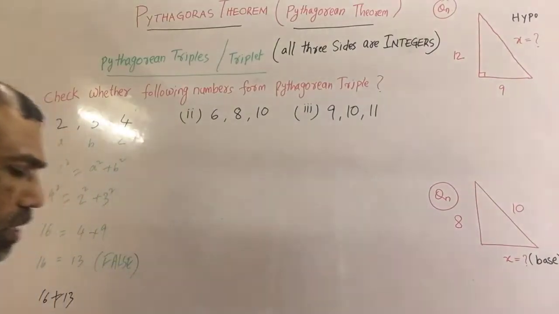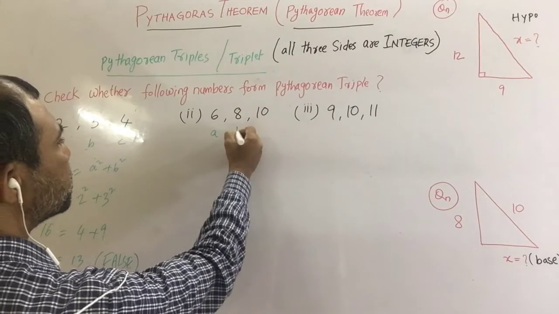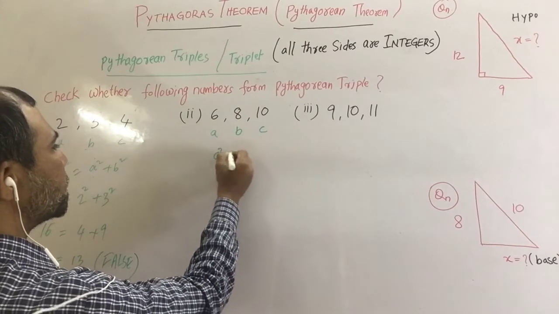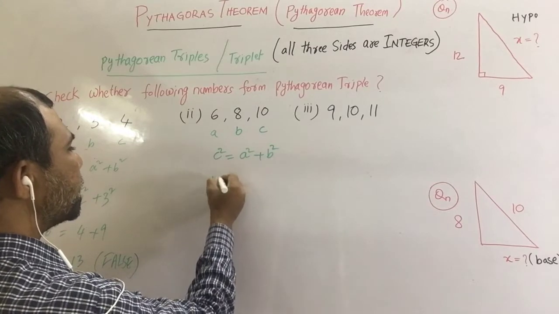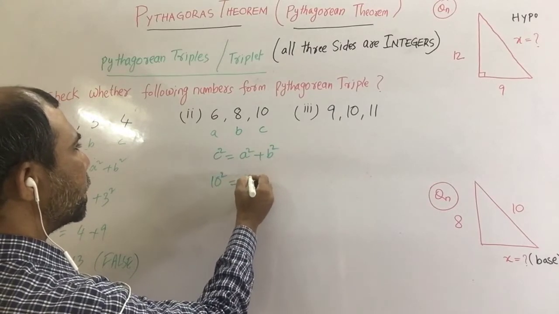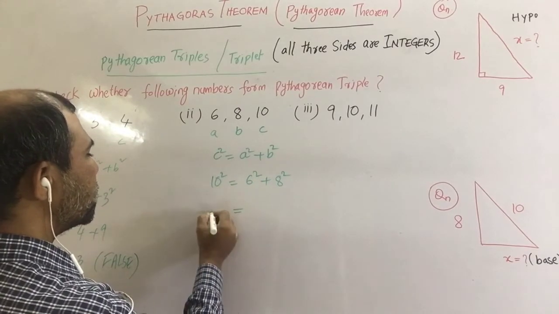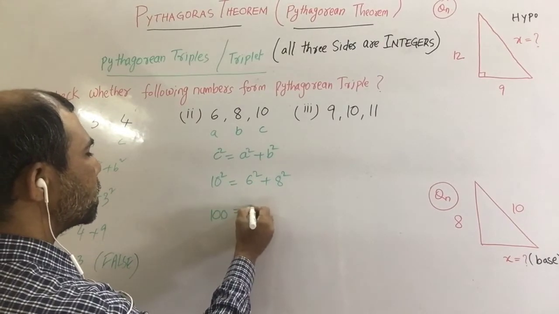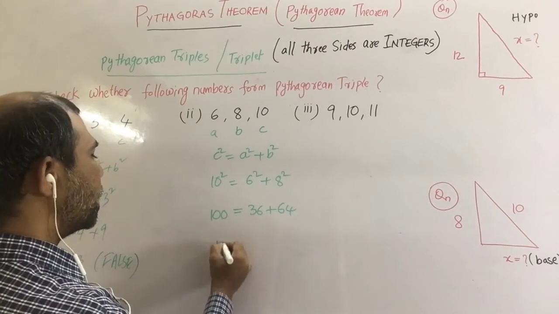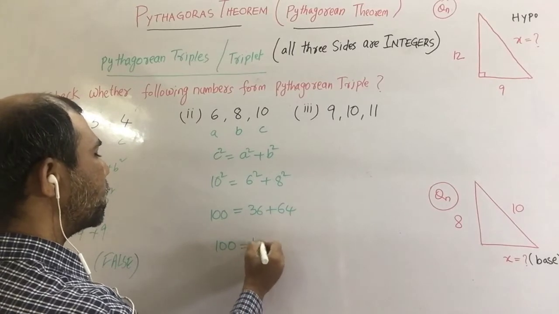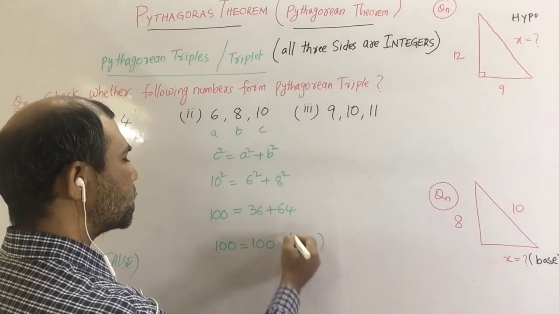And let us see this. Say this is a, this is b, and this is c. Let us check c squared is equal to a squared plus b squared, that is 10 squared is equal to 6 squared plus 8 squared. Here 10 squared is 100, and 36 plus 64 gives 100, so 100 is equal to 100. This is a true statement.